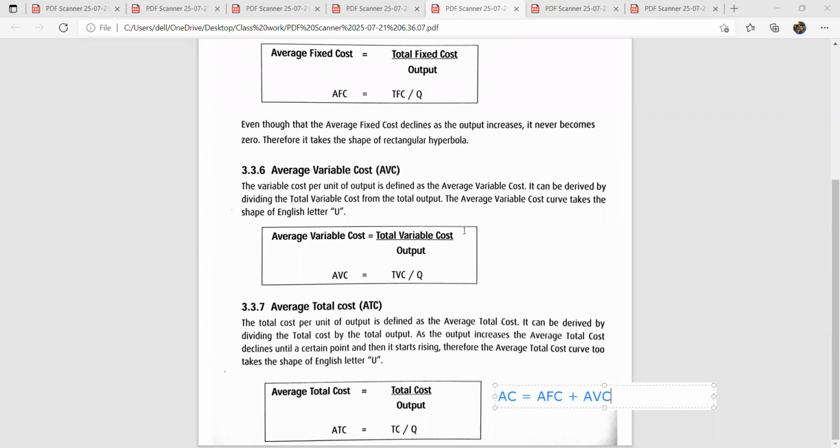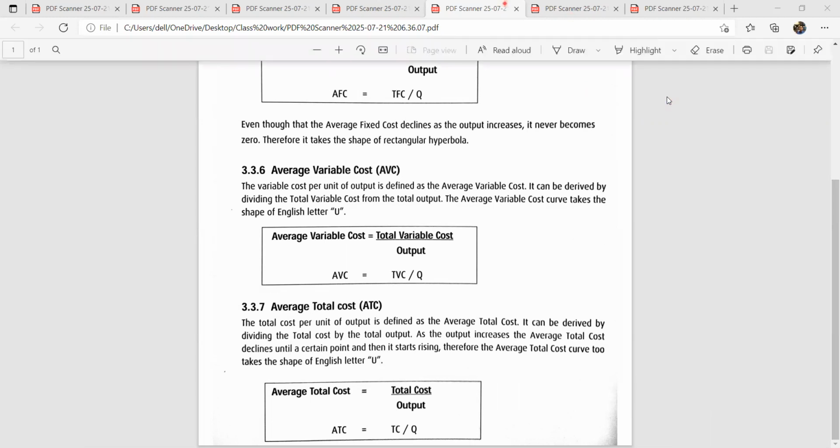So same diagram what I drew before. Same shape. Instead of AVC, right now we will label as AC. That is the only difference. But we should know the meaning of average cost and the way of calculating average cost.